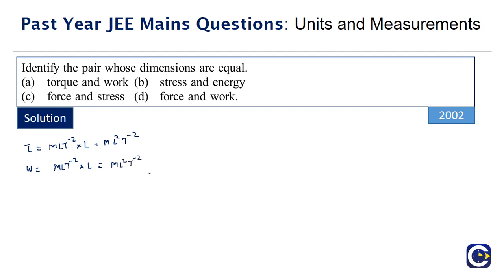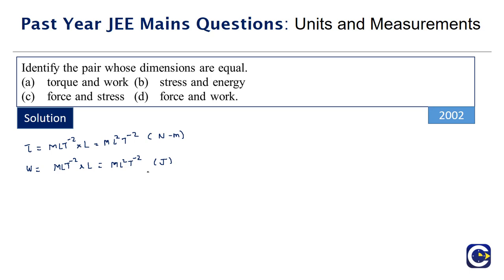So what we are able to see is that torque and work have the same dimensional formula. Of course, here I would like to mention that the units of torque and work are represented differently. The SI unit of work is represented as joule, and the SI unit of torque is represented as newton meter. The reason is that these two physical quantities are different, they do not represent the same quantity.